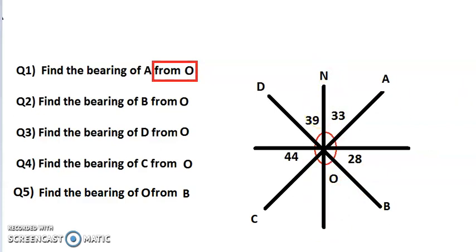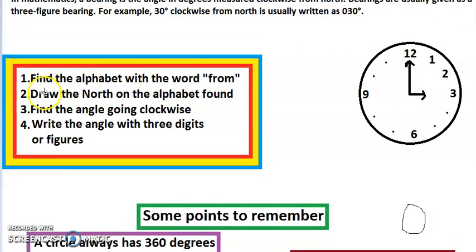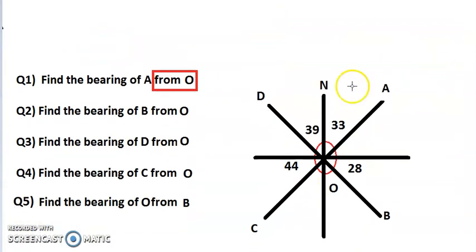Now the second point was draw the north on the alphabet found. Okay, now the alphabet found is O, right? Now the O line is actually present on the north. There's no need to draw this line because it is the north. It is a straight line going vertical. Therefore we do not need to draw the north in this specific question.